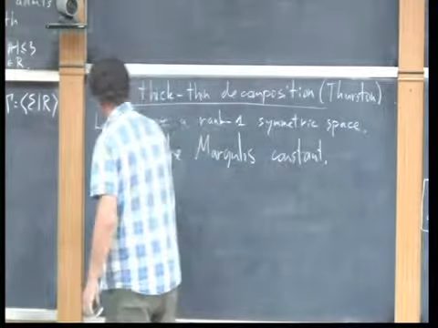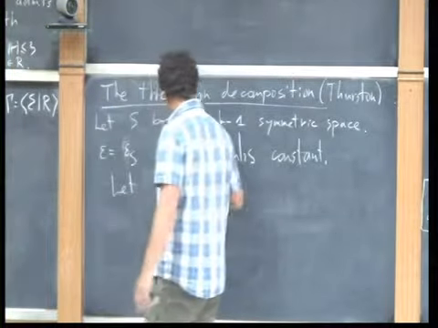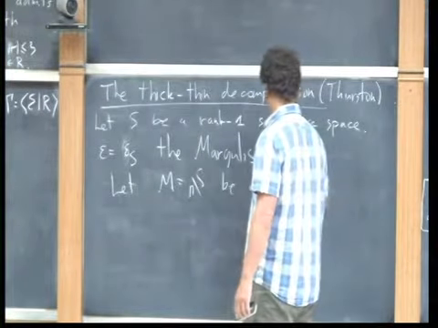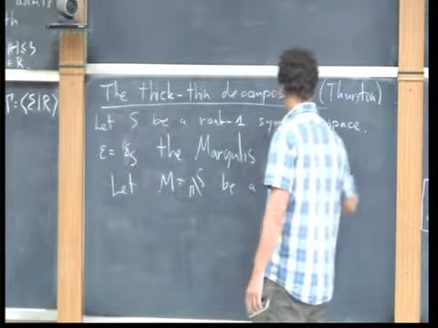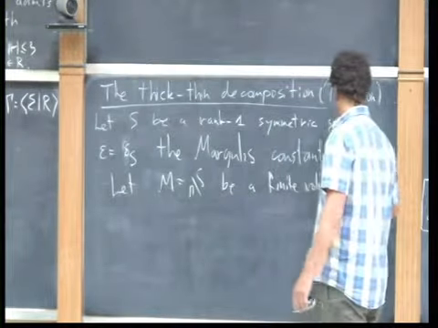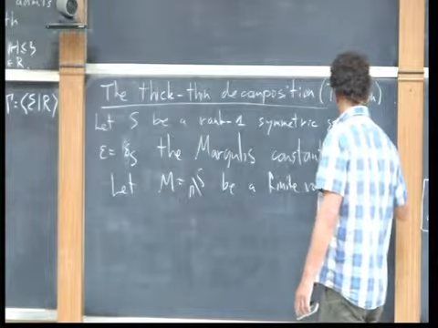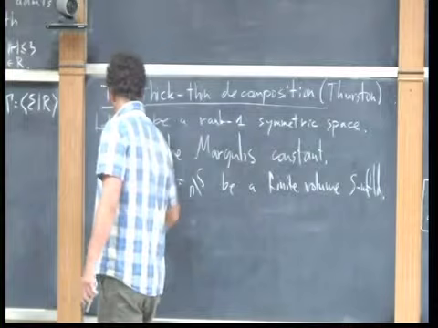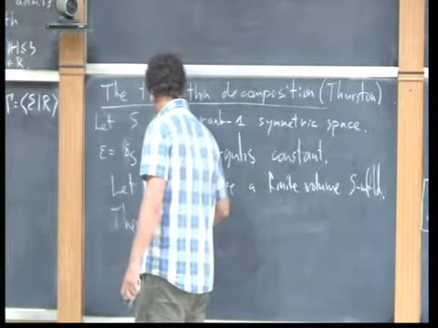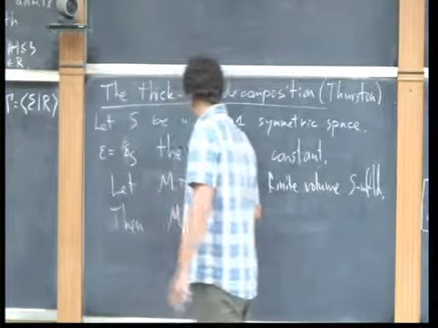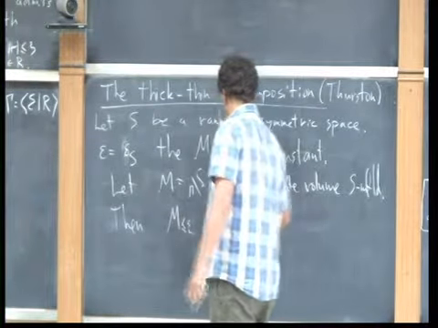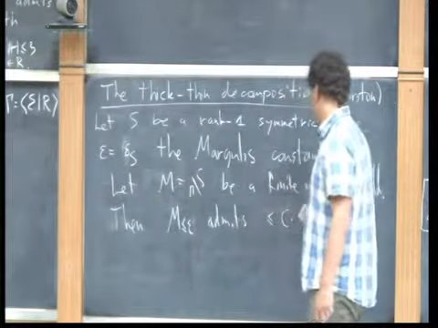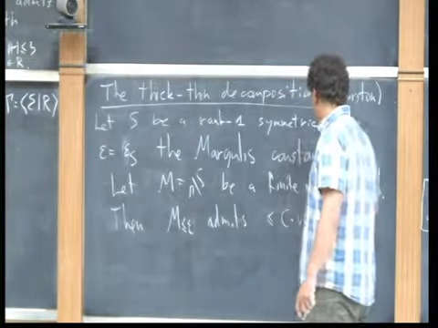Of course, let M be a finite volume S manifold. Then the thick part, or the thin part, admits at most C times volume M, and this is some constant.